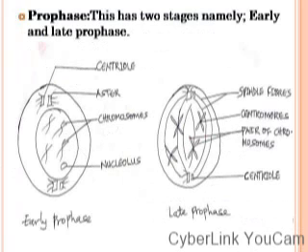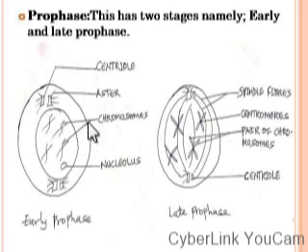Let us look at the prophase now. Prophase has two stages, namely early and late prophase. Let us look at the processes that take place at early prophase. At early prophase, chromatin thread or chromatid condense and shorten to become chromosomes. The second process is that the chromosomes become visible.